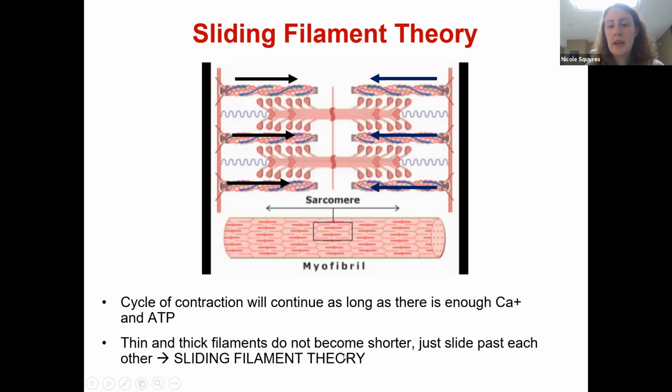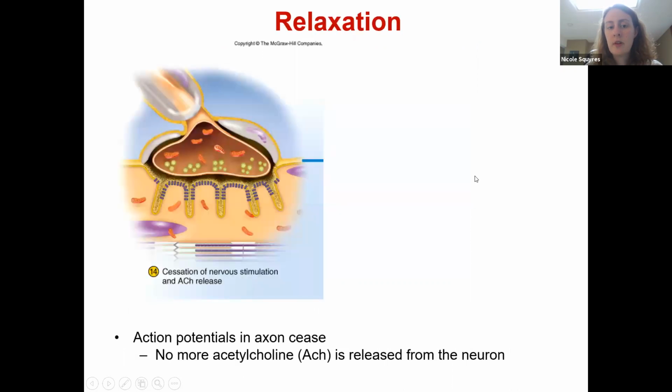They stay the same length, but they're sliding past each other, right? And that's why we call it sliding filament theory. All right, so that is what causes a muscle to contract. And as you have a bunch of sarcomeres contracting together, the entire muscle is going to contract.